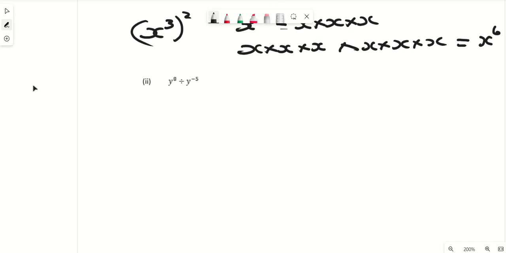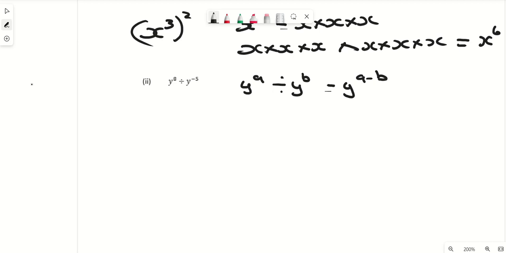This one here, we have bases that are the same and we're dividing. Now this law, y to the power of a divided by y to the power of b, if my bases are the same, which is y, my powers will be subtracted. So this is equal to y to the power of a minus b. That would be the general form.